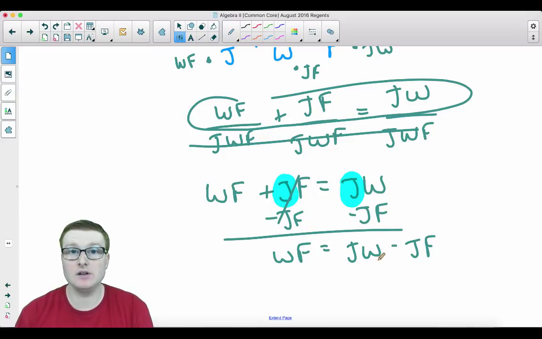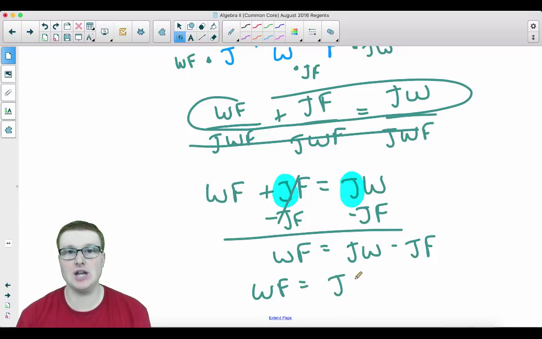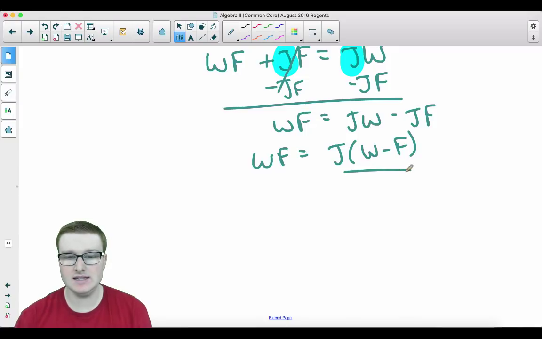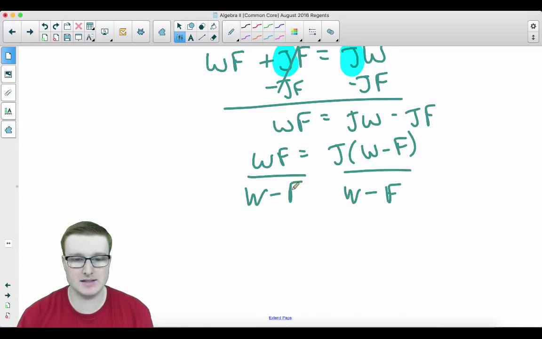Now to solve for j, you're going to pull out the j and you're left with w minus f, okay? Because j is a GCF here. So we're almost there. All we need to do is divide by w minus f.